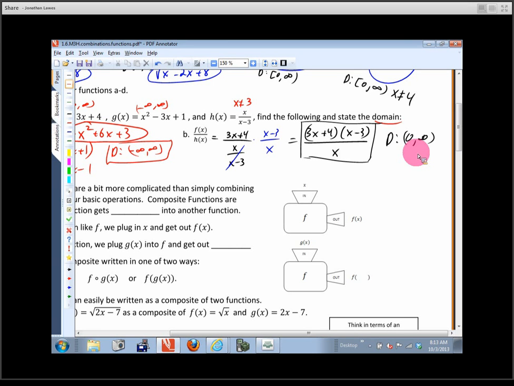Can't equal 3. Sven? Including the negatives. So instead of this, go from negative infinity to infinity, x not equal to 3. Also excluding 0.